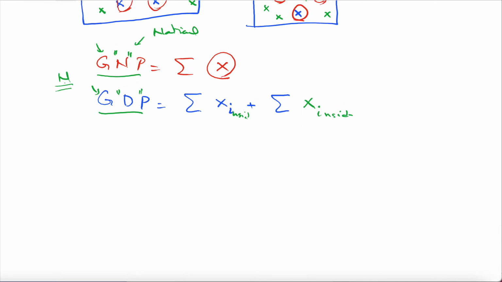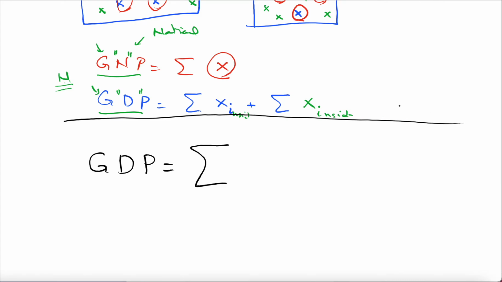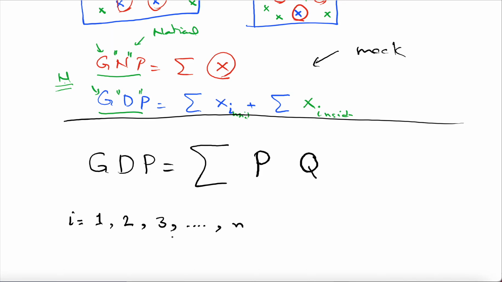So basically, we are saying that the GDP, by the definition, I will write it here, GDP, is the total summation. So this was just mocking, but I'm now making it more accurate. So it is a market value. It means that we have a price and we have a quantity, okay? And we have so many products, milk, rice, oil, steel. N products is produced inside the country, okay?